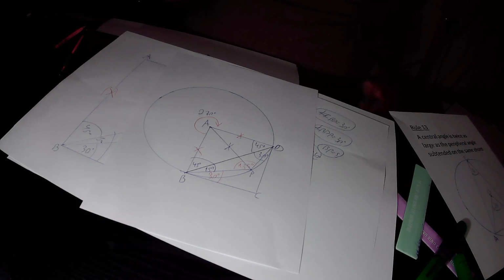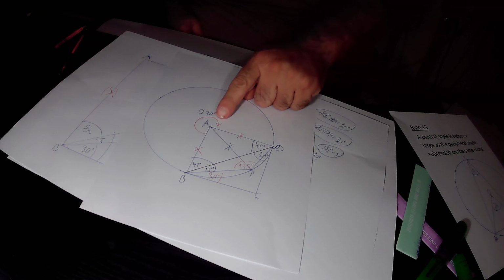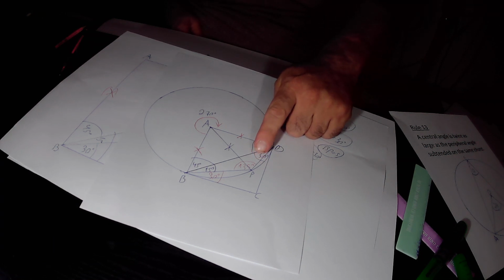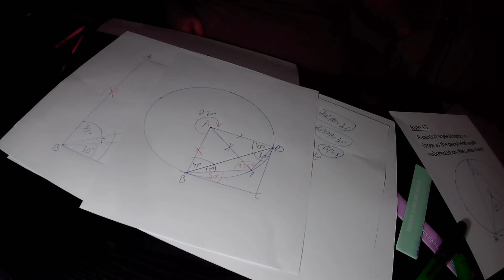In the next step, we join points A and P together by a segment. Point A is the center of the circle, point P is a point on the circle itself. Therefore, AP is the radius of the circle, equal to x, according to our definition.